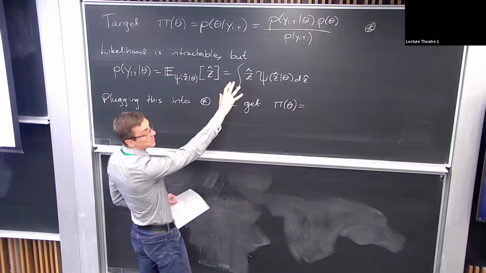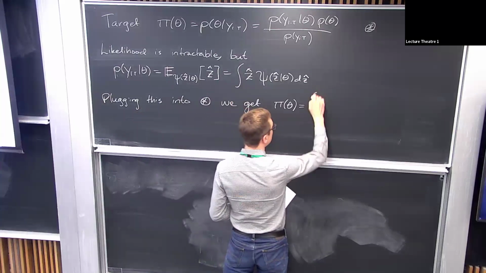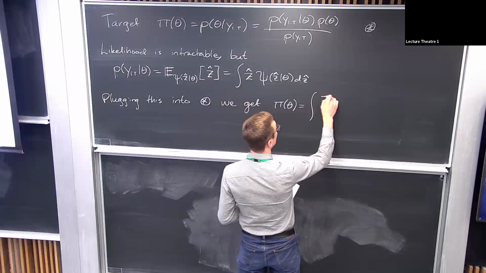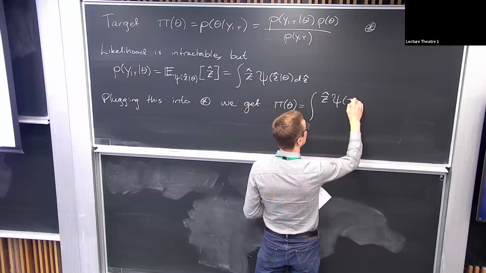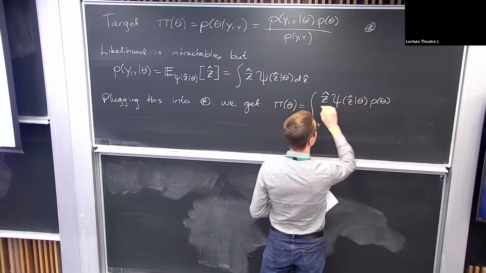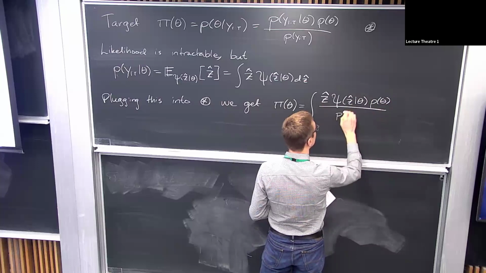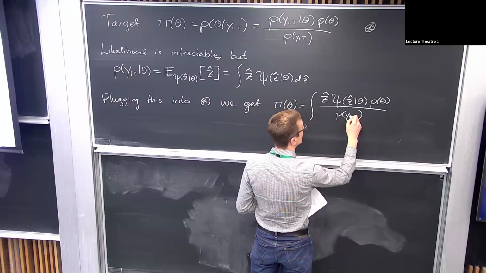And I just take the other factors here and push them into the integral as well. Right, this is an integral over z hat of psi of z hat given theta times the prior of theta divided by the marginal likelihood of y1 to T.